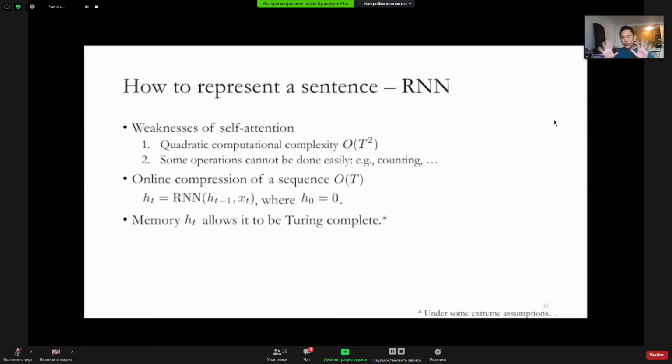Now, when I say online computation, this is different from the online machine learning that you learned about, I think, yesterday or the day before, where you learned about recurrent minimization and so on. It's purely about the forward processing of the input sequence.